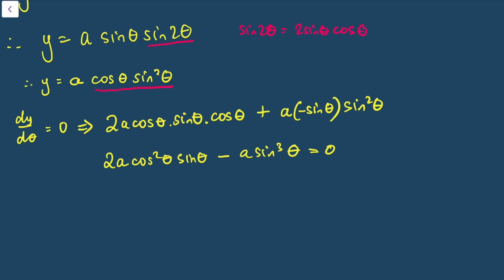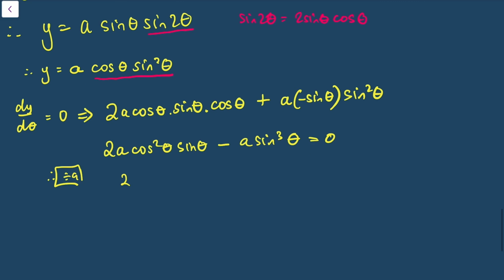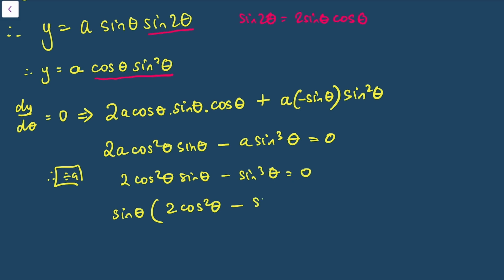Okay, so I can divide by a, and that's going to give me 2 cos squared theta sine theta minus sine cubed theta equals 0. And I'm going to factor out sine theta, so I'll get 2 cos squared theta minus sine squared theta equaling 0.